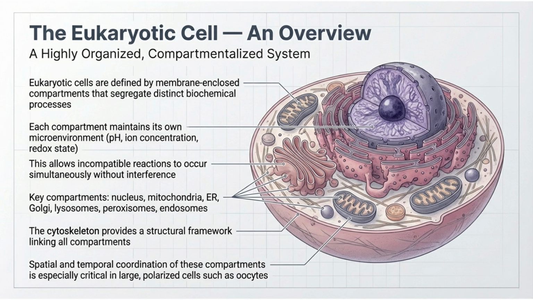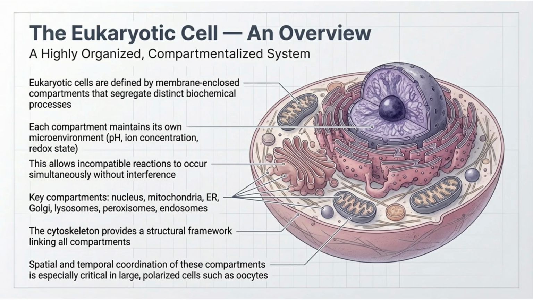It is functionally essential. It allows incompatible biochemical reactions to occur simultaneously in the same cell without interfering with each other. Anabolism proceeds in one location while catabolism proceeds in another. Oxidative reactions are physically separated from sensitive deoxyribonucleic acid. Hydrolytic enzymes that would destroy cellular proteins are safely sequestered in lysosomes.